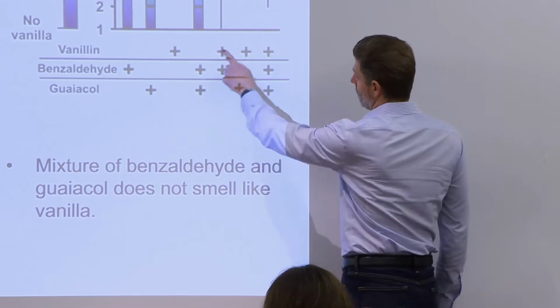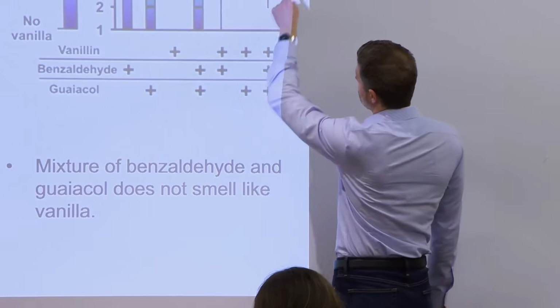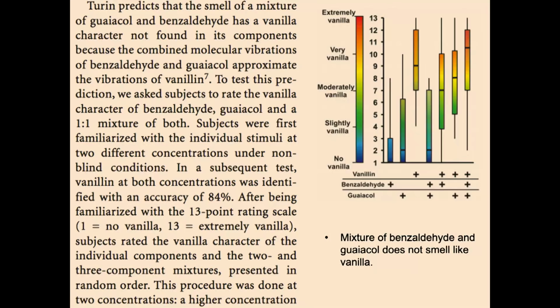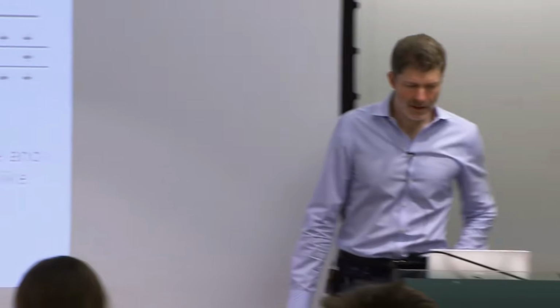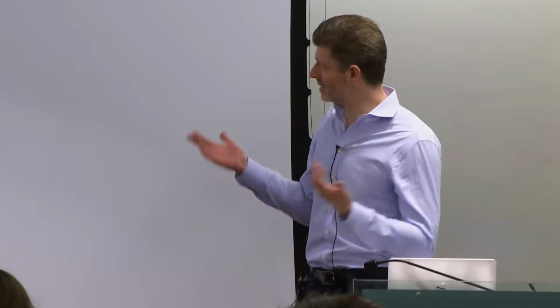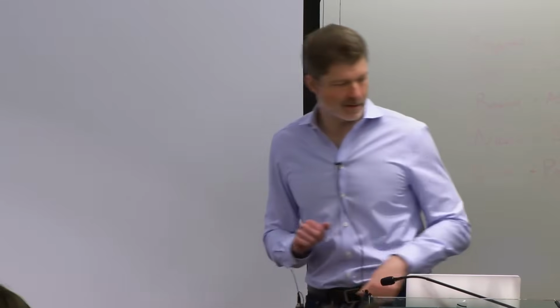If you add vanilla to any of these mixtures, then people say it smells like vanilla. But without vanilla, they don't say it. Okay, so this was an attempt to test this prediction, and they concluded that there's no evidence that this particular hypothesis is correct. Okay. All right, so that kind of leaves us with this shape pattern theory of olfactory receptors.